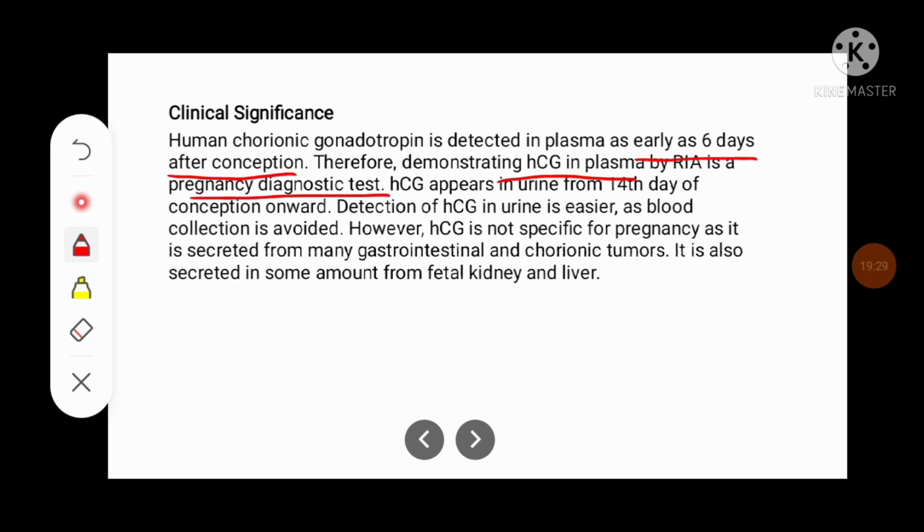HCG appears in urine from the 14th day of conception onward. Detection of HCG in urine is easier as blood collection is avoided. However, HCG is not specific for pregnancy as it is secreted from many gastrointestinal and chorionic tumors. It is also secreted in some amount from the fetal kidney and liver.